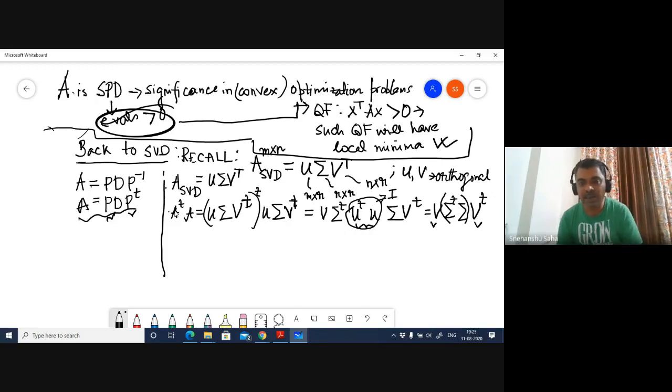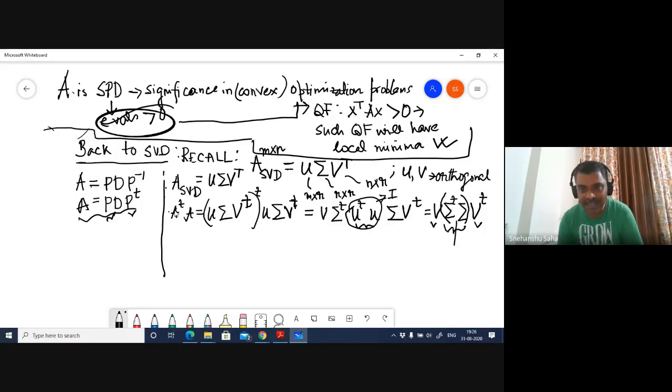We are still talking about the singular value decomposition, and what is of particular interest is this guy. No matter what your sigma is, whether it's a real symmetric matrix or not, when you look at sigma transpose sigma, any matrix A transpose A has to be symmetric by default. That is something that we have observed in PCA as well.